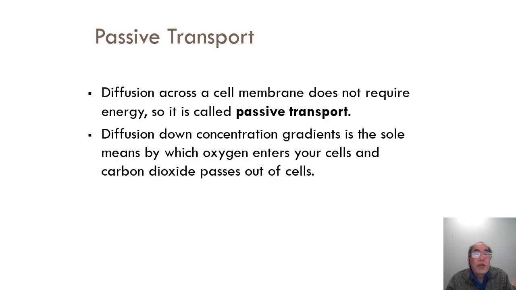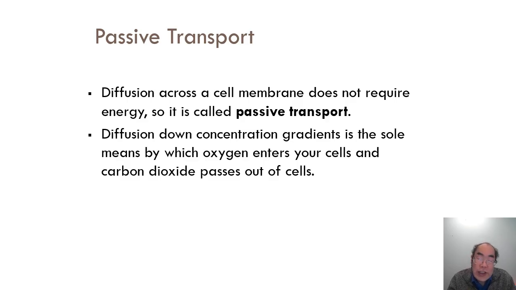So diffusion across the cell membrane does not require energy, so it's called passive transport. And diffusion down the concentration gradient is the sole means by which oxygen enters your cells and carbon dioxide passes out of your cells. So when you breathe in, the air that you breathe in has a high concentration of oxygen relative to the cells in your lungs.